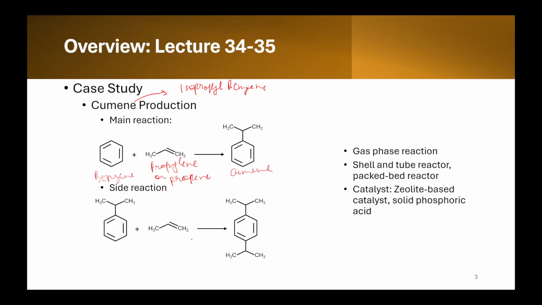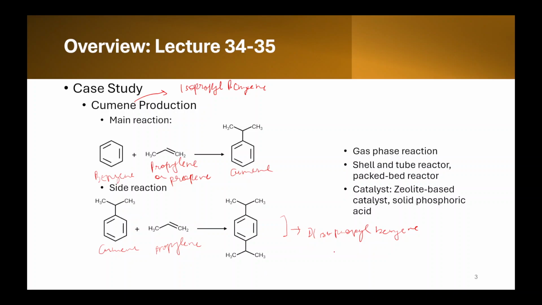Another side reaction also takes place in this case: you get cumin from the above reaction, and again propylene may react with it. That's why you get diisopropyl benzene. Di means two isopropyl groups are there, and this is in the para position.